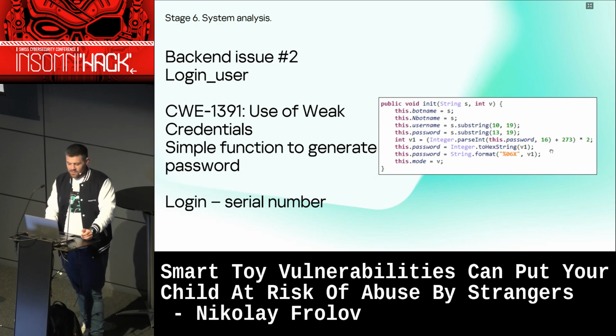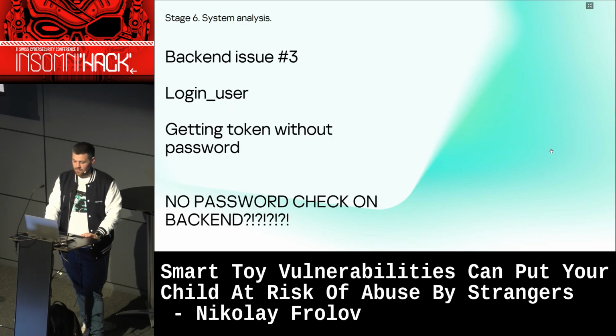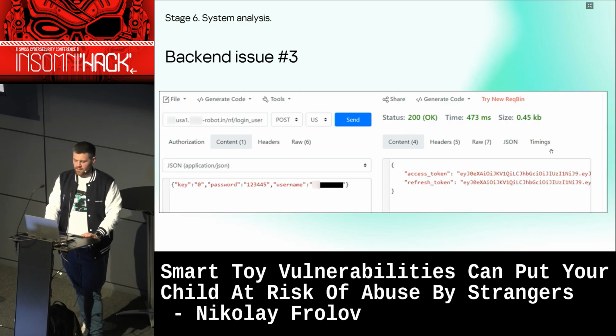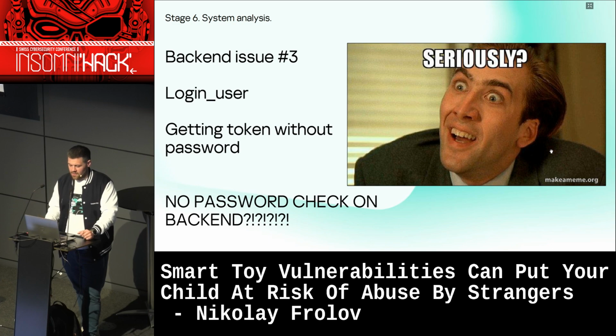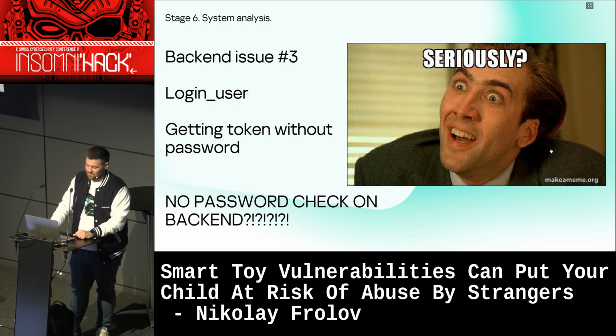So that's something like weak credentials. As you can see, the password was 12345, and we had the access token in this place. So there is no password check here.